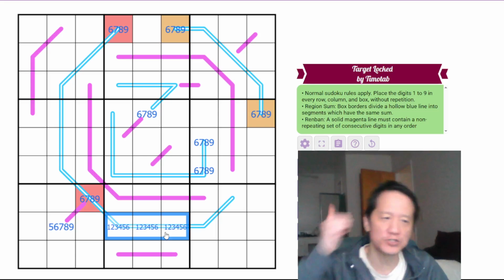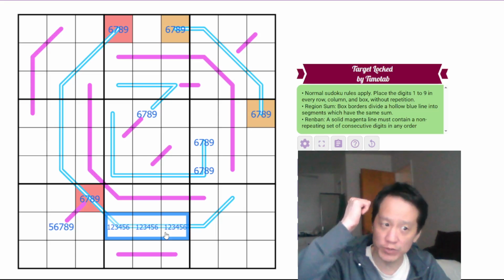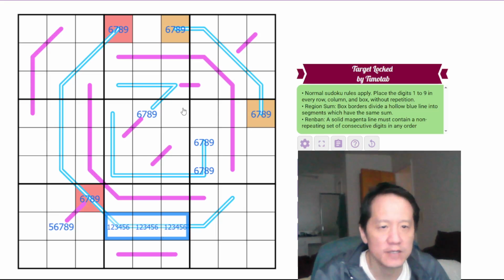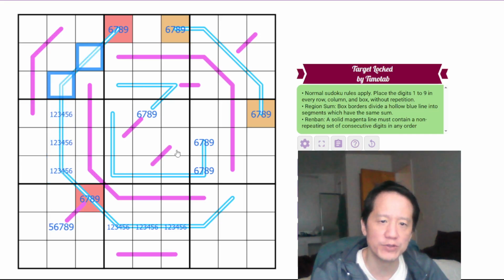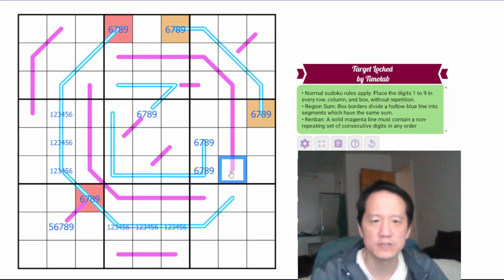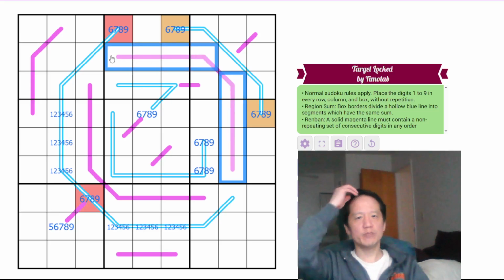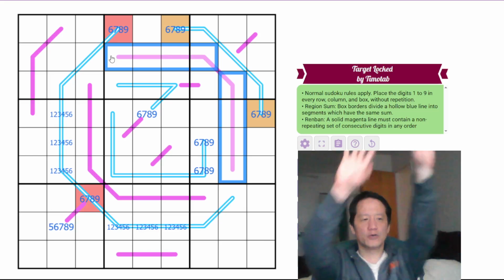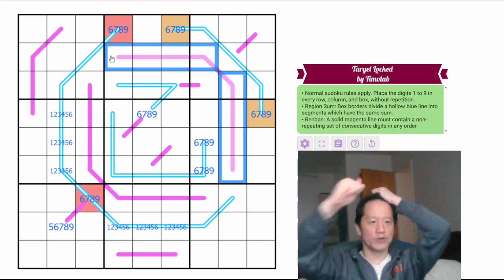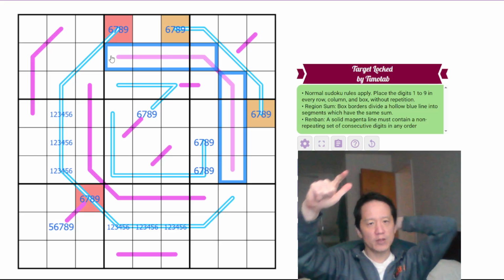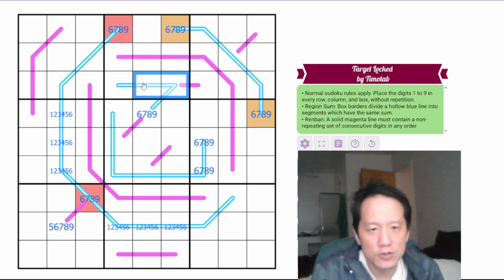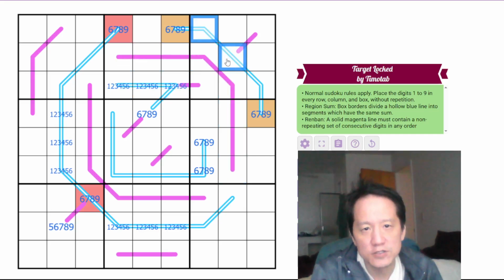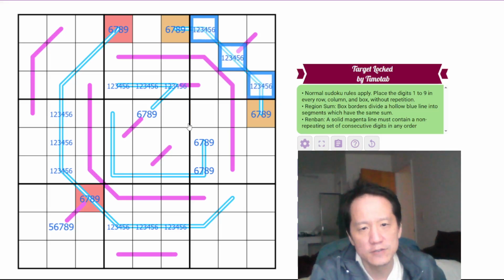And the largest digit you can have there is 1, 2 with 6, adding up to 9. Same here. This is 1, 2, and 6, adding up to 9. These could be 1 through 8. On this Renban, which is 8 cells long, it would have to be the digits either 1 through 8 or 2 through 9. Either way, these digits are also 1 through 6, and these digits are also 1 through 6.